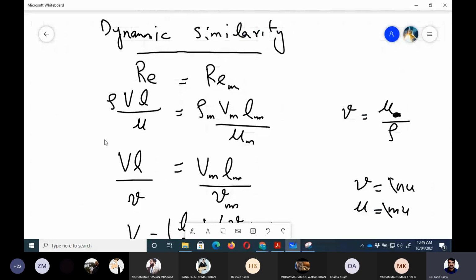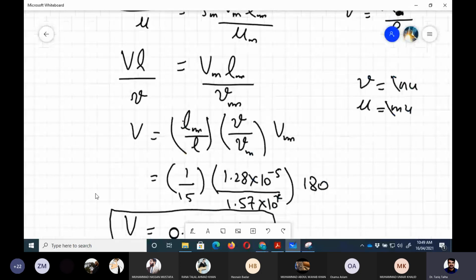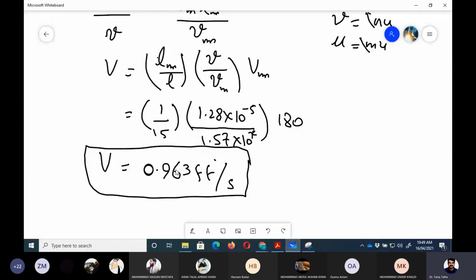So the actual velocity for the model where we needed to conduct the test, that was 180, but the velocity with which the submarine would move for the given flow condition, that would be 0.963 feet per second, which is quite minute, right? So I hope that you understand that we need to change the velocity considerably when we change the dimensions of the model with respect to the actual system.